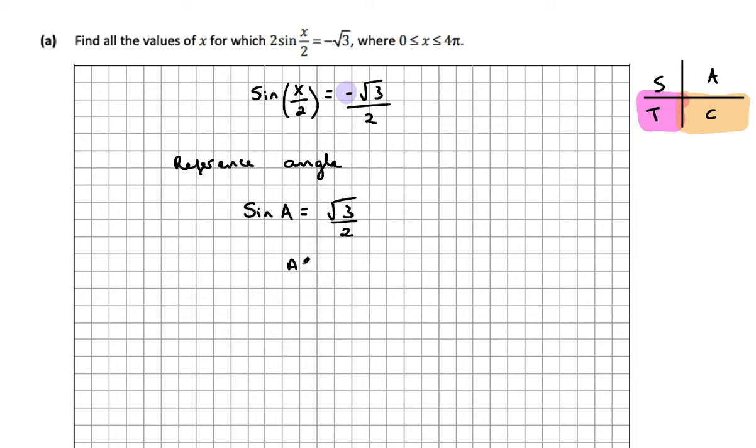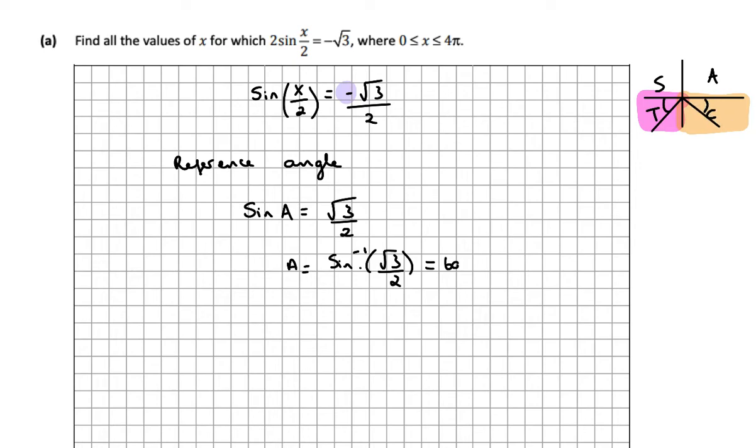So A is equal to sine inverse of root 3 over 2. And if I put that into my calculator, that's going to give us our reference value. Sine inverse of root 3 over 2 in my calculator is giving me 60. So that means that I am 60 degrees over here, and I am 60 degrees down here.